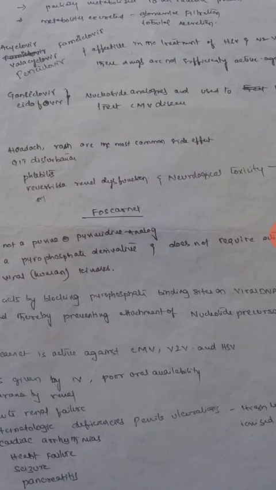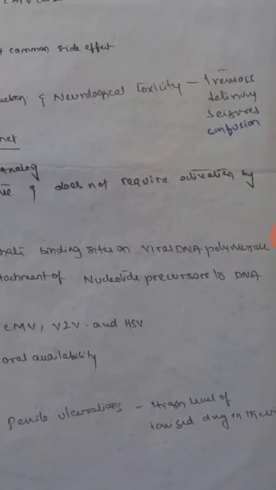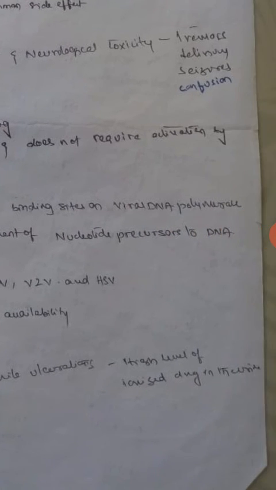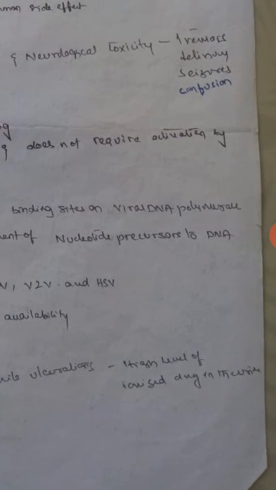Our drug foscarnet, because it is similar to pyrophosphate, occupies that place in the DNA polymerase. Thereby, the nucleotides available in triphosphate form are not incorporated into the DNA structure. So the mechanism: it acts by blocking the pyrophosphate binding sites present on the viral DNA polymerase, thereby preventing the attachment of nucleotide precursors to DNA.